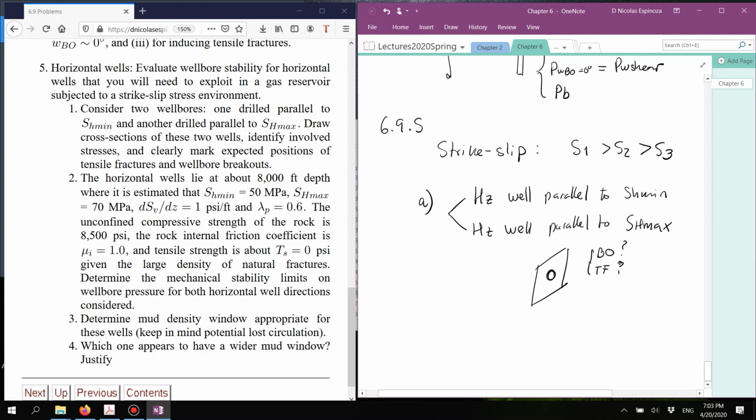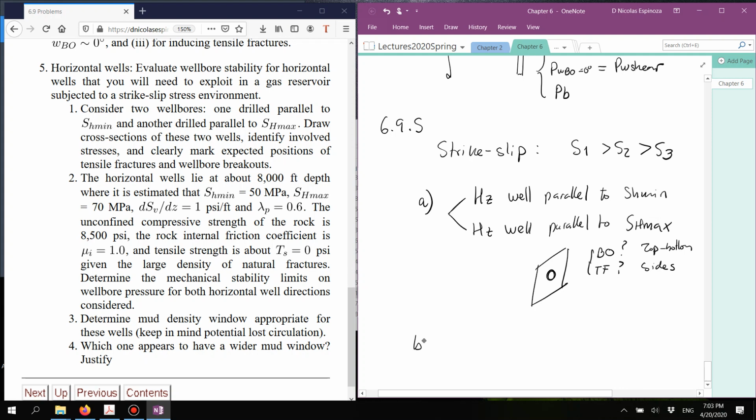So the solution could be top and bottom or on the sides. You're going to tell me that based on the orientation of the stresses that are acting on the cross section of those two wells. One parallel to SH min and the other one parallel to SH max.